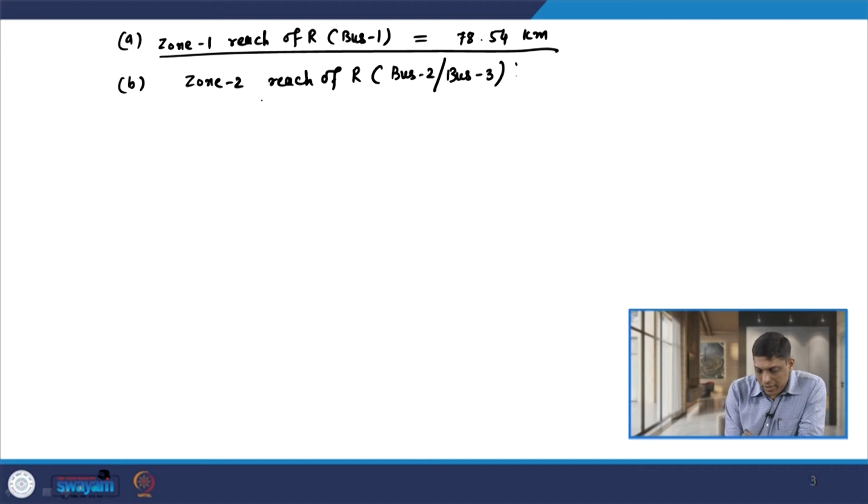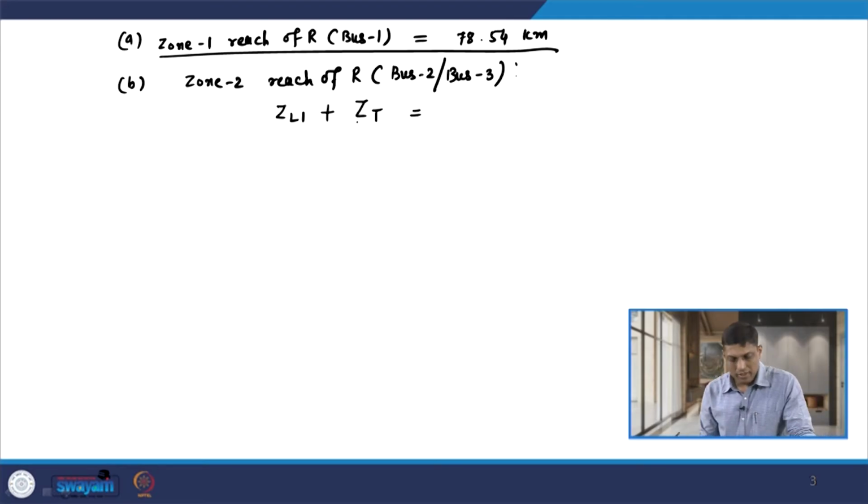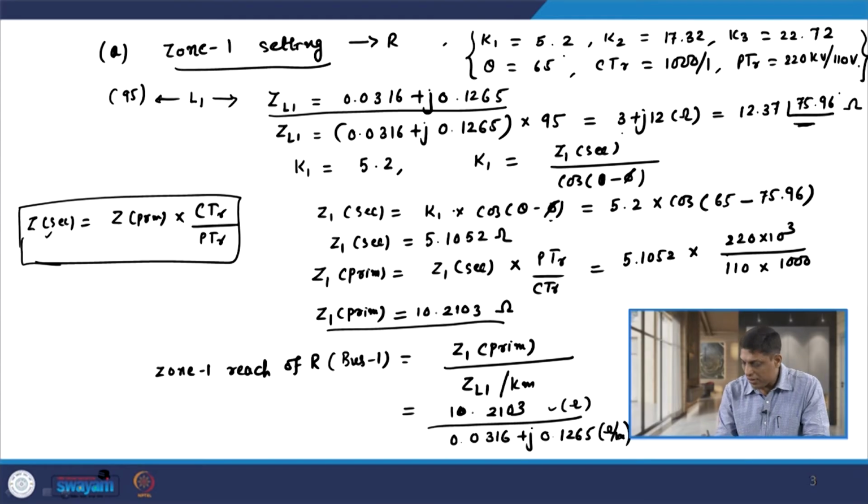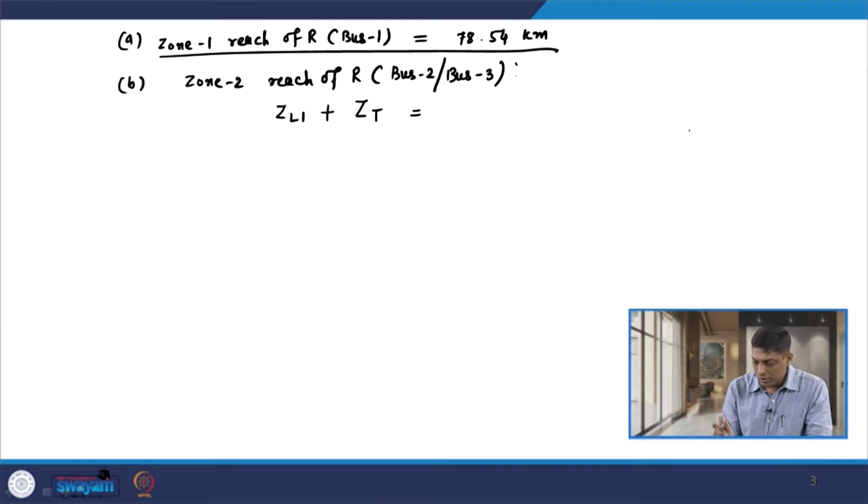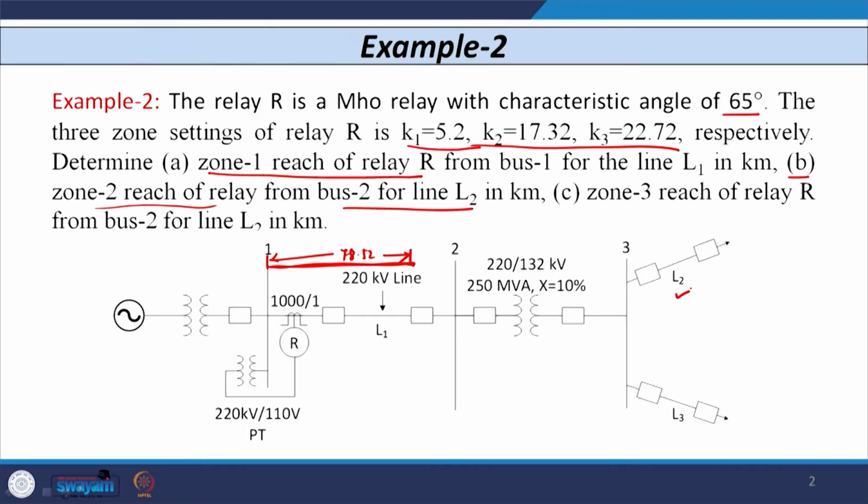That covers the whole line length, so that is ZL1 for the entire line length plus the transformer reactance, let us call it ZT. The ZL1 total, which we have already calculated, is 3 plus j12 ohm. So this value is 3 plus j12 plus the transformer reactance.